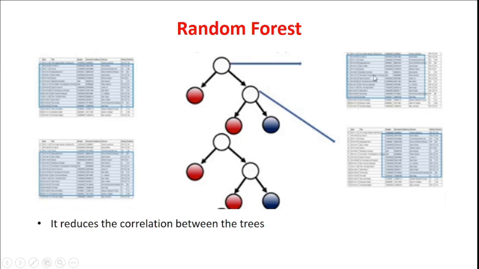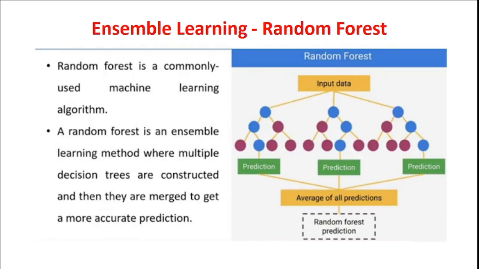Out of 6 features, we have considered only 4, right? So we are reducing the features so that it will reduce the correlation between the trees. That's the main beauty of random forest. That's why in many projects we go with random forest, a commonly used machine learning algorithm.